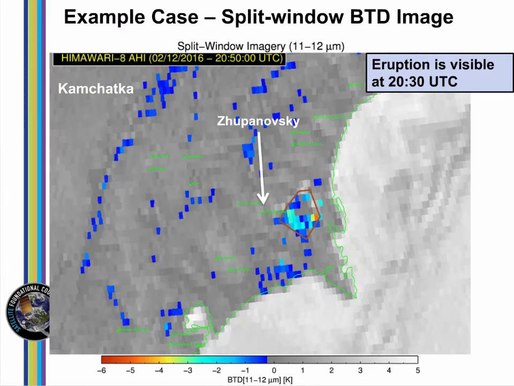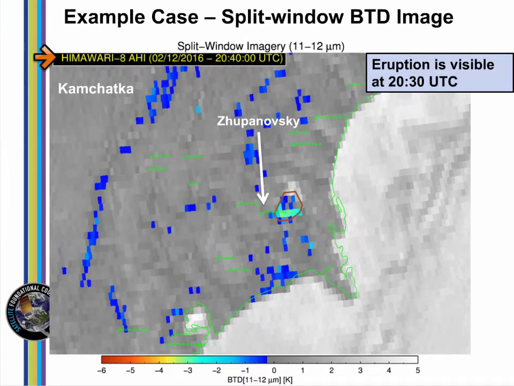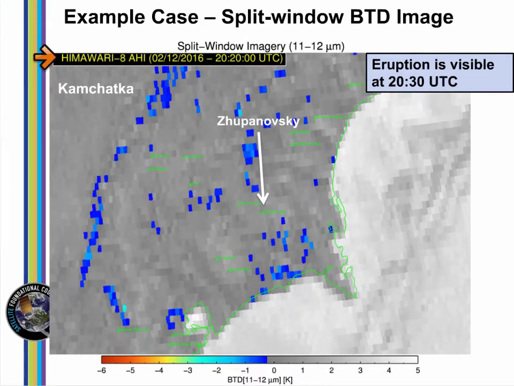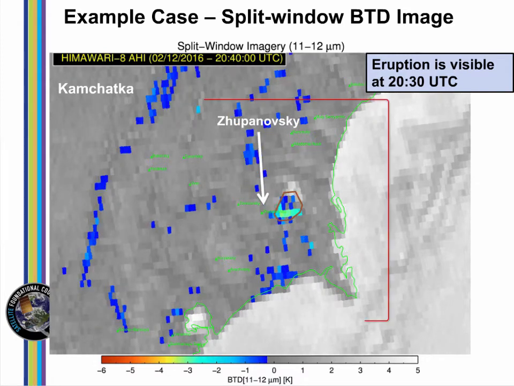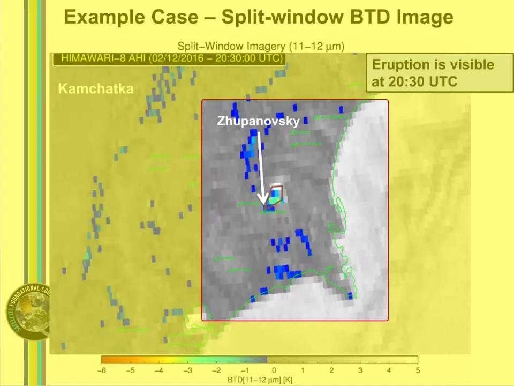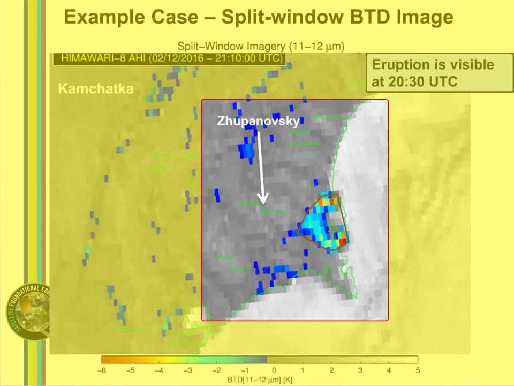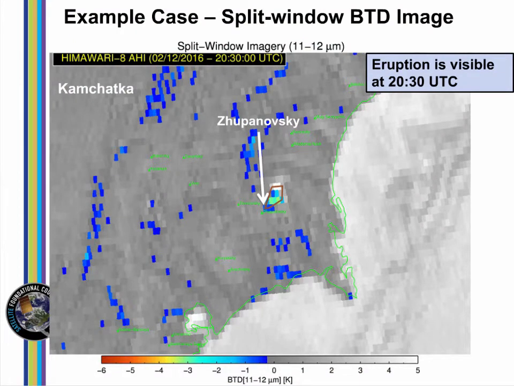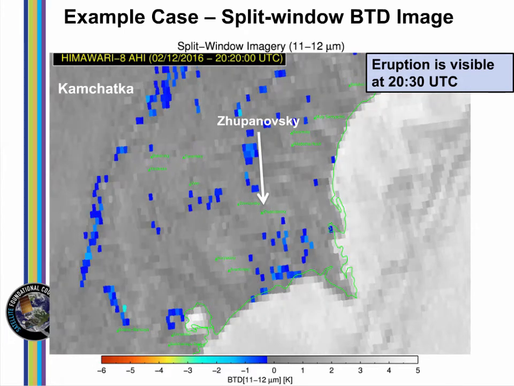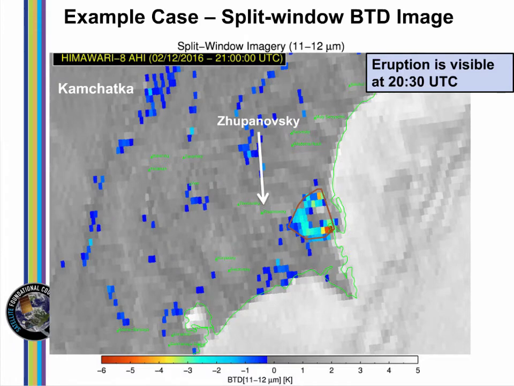This shows the split window difference, 11 minus 12 microns, from Himawari-8's AHI, again channels that are very similar to GOES-R's ABI, for the same example of a volcanic cloud that originated from Zhupanovsky over the Kamchatka Peninsula on February 12, 2016, and then moved into the Anchorage VAAC region of responsibility. The eruptive cloud is enclosed by a brown contour, and this product neatly defines the region that will be considered next. The cloud shows up pretty well in this non-baseline product.